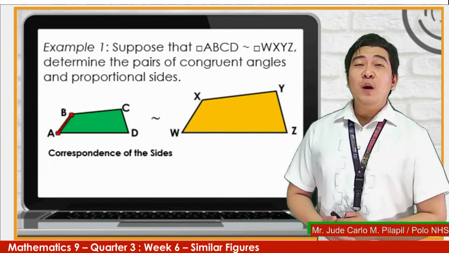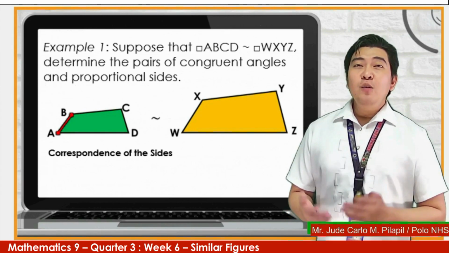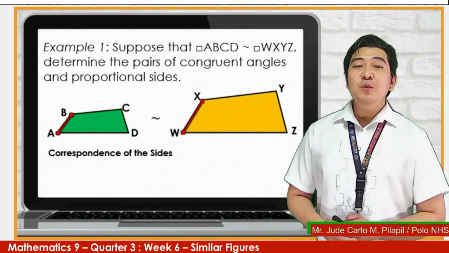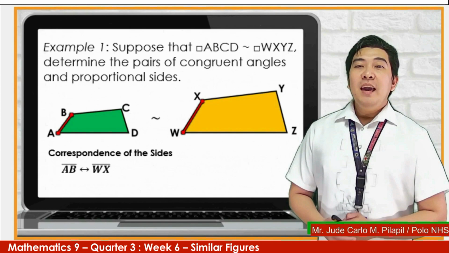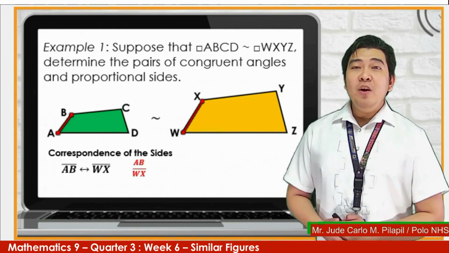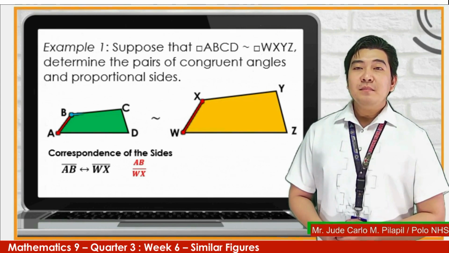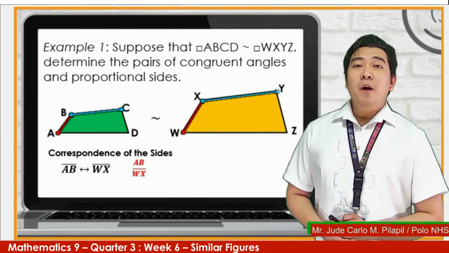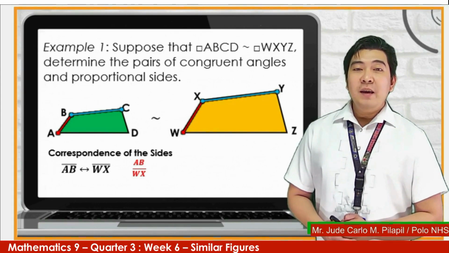Side AB of quadrilateral ABCD corresponds to side WX of quadrilateral WXYZ. Hence, we can make the ratio AB over WX. Side BC corresponds to side XY.